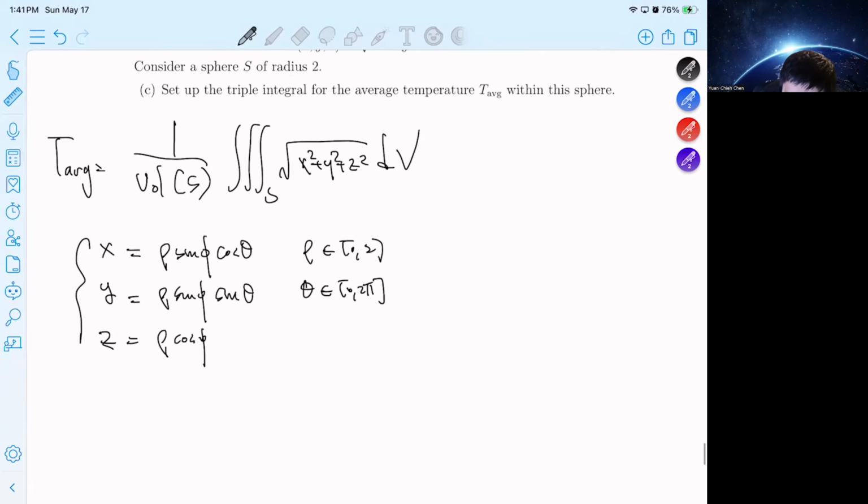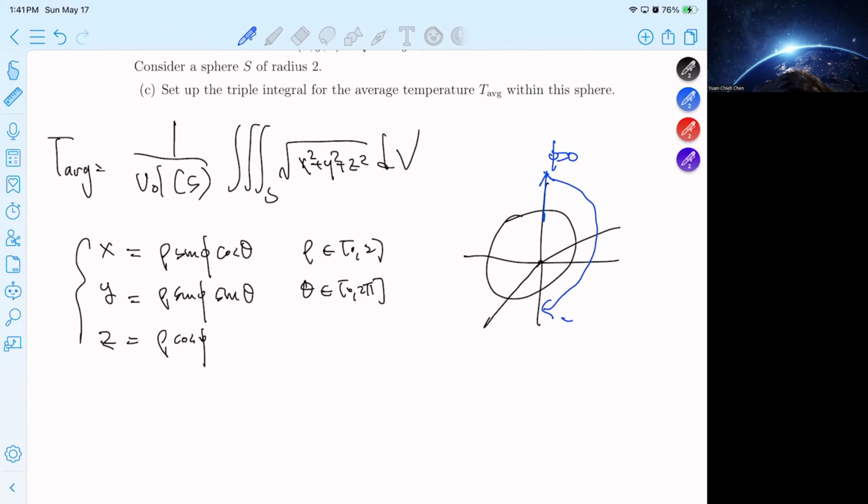But be careful with phi. For phi, it looks like this. We go from up to down, so this is phi equals 0, and go down to phi equals pi. Be careful, we start from the positive z-axis and go down. So the whole circle will be pi, so phi is from 0 to pi.